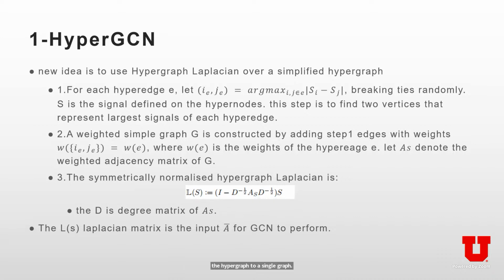For each hyperedge, choose two vertices i and j that are the argmax of the signal difference S_i minus S_j, breaking ties randomly. This step finds the two vertices that represent the largest signals on each hyperedge.